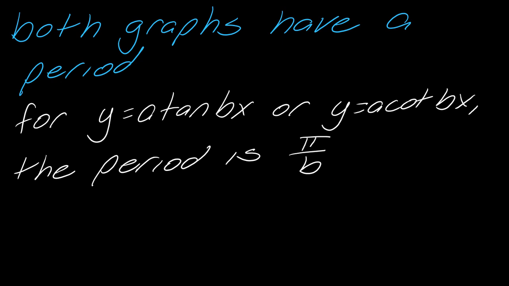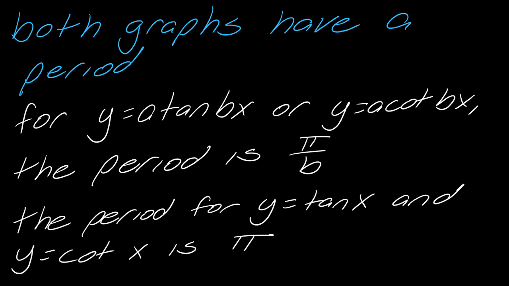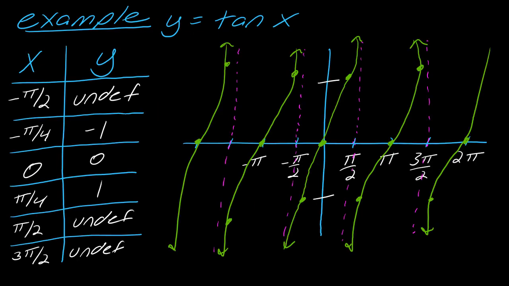And we'll use it in a very similar way, so I'll show you how to do that as we move through the video. Now, the general period for just tangent of x and cotangent of x, since they have a 1 attached to them, would just be pi. And you can see that, right? If I go from here to here, the entire length of this interval is pi.